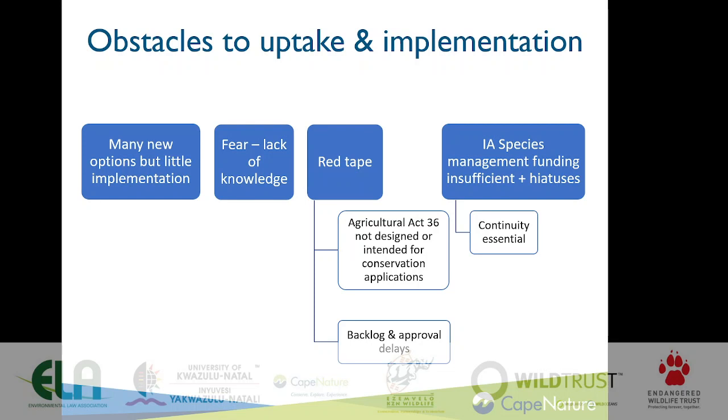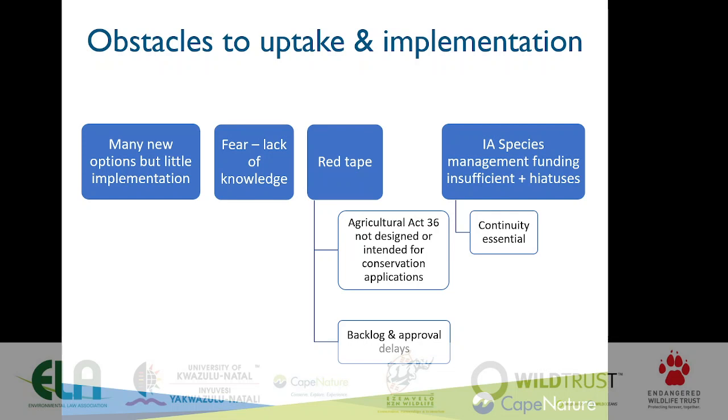But perhaps an even bigger problem is the red tape that needs to be negotiated to register new methods. If any proposed solution falls within the ambit of the Agricultural Remedies Act 36, then there is a tough road ahead, with a difficult application and registration process that does not overlap well with what conservation scientists typically do. And on top of that, there is apparently a massive backlog and a long delay in dealing with applications to the registrar.